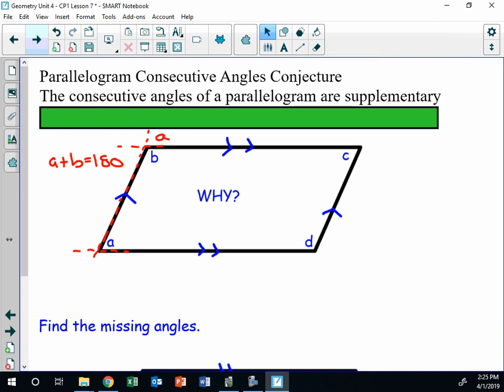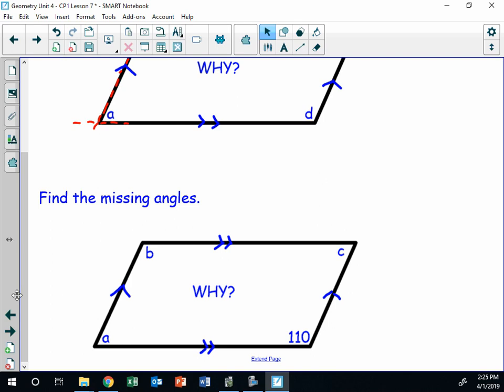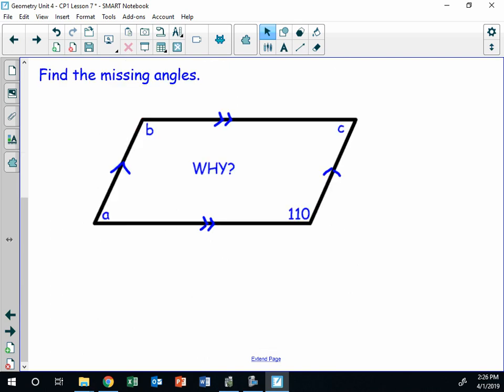So now, we can use that idea to solve for a missing angle. Notice in this picture, you're only given one angle, and we can use the opposite angles conjecture to find the other 110.